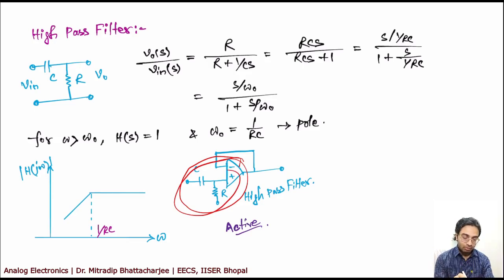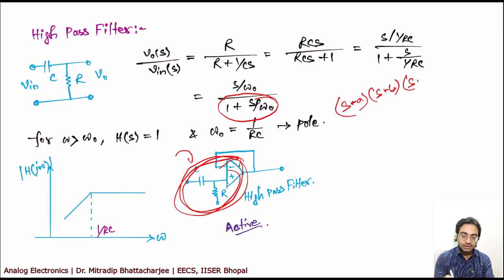For example, here there was only one such section, 1 plus s, or you can write s plus a. For each section you need one such circuit. So if it is s cube, s to the power 4, s to the power 5, you will find s plus a, s plus b, s plus c into s plus d, and so on, right?